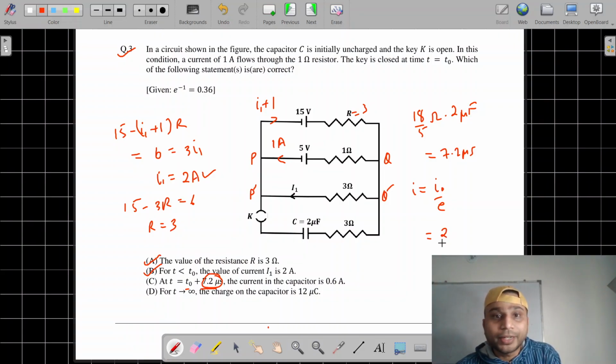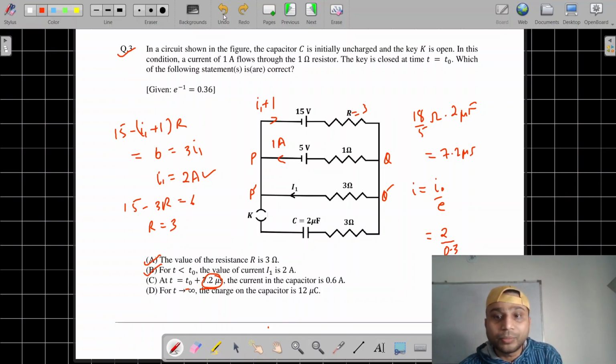Dividing that by e, that is 0.36, or rather multiplying. That is what is given, 1 by e is 0.36, so 2 into 0.36, and this has to be divided by something else as well.